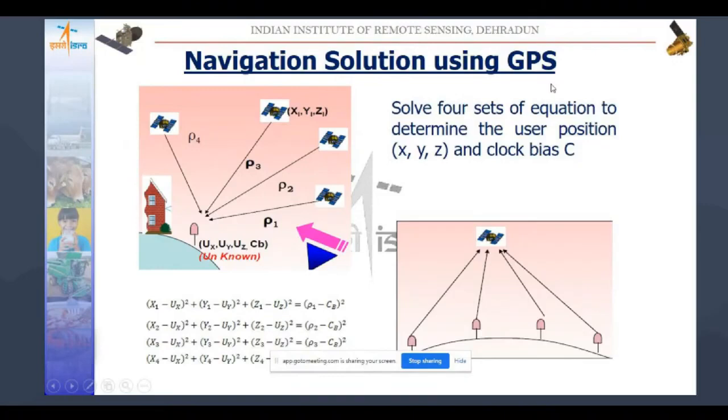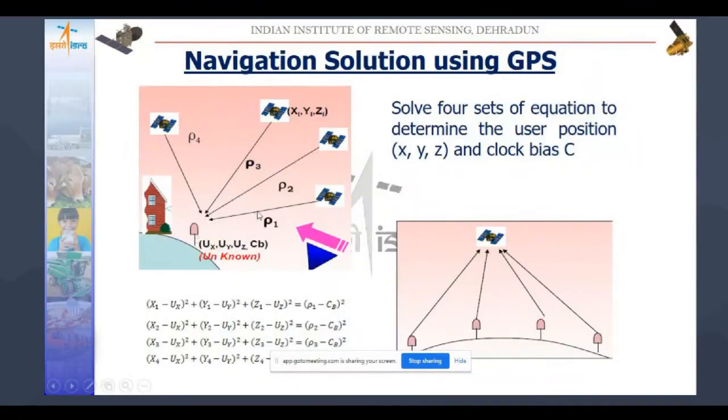We can also visualize how this works. Suppose it is satellite 1, and the receiver is receiving a signal. We don't know where, somewhere on the sphere, meaning the distance rho 1.